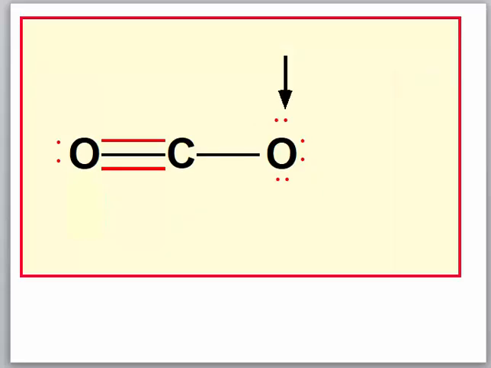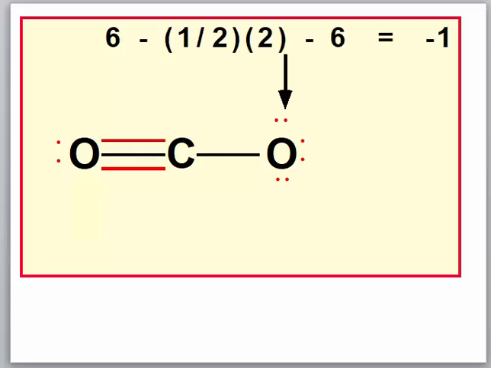Let's look at a resonance structure that could have a triple and a single bond. It is possible that instead of 2 doubles, you would do a triple and a single. If we do the formal charge on that, for that oxygen, it's still going to be 6, but this time 1/2 of 2 is 1, so 6 minus 1 minus 6 gives you a -1 on oxygen, and you want a 0.